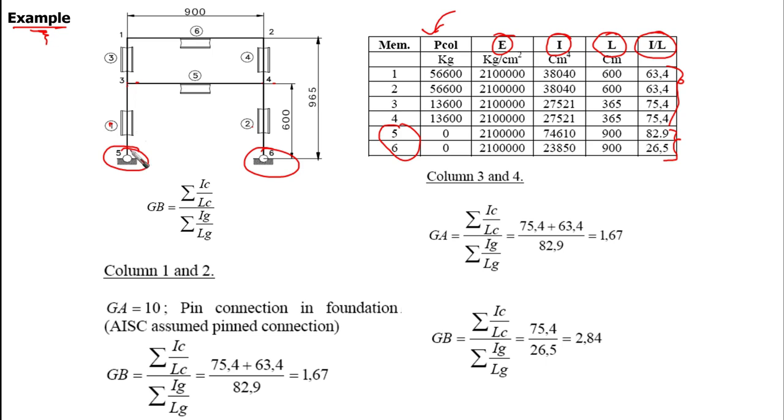So for columns 1 and 2, this is why we put them under one title, to make it easy for us. The bottom is going to be, GA is going to be 10, because there is a pin connection in the foundation. And at the top we have 3 and 4. They have the same I for column and girders, because if you look at members 1 and 3, and 2 and 4, you are going to find that they are the same, 1 and 3.